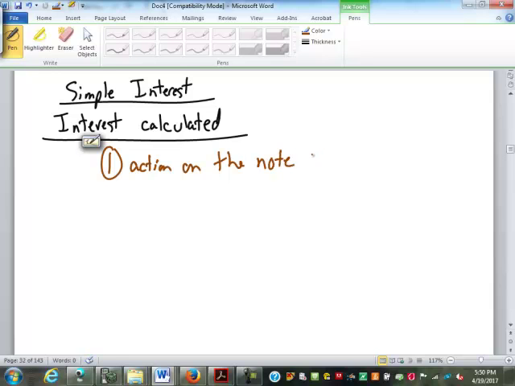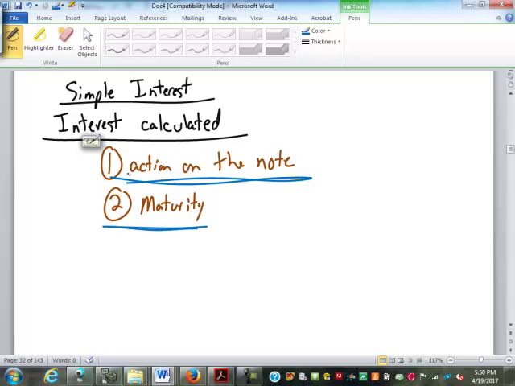That could be a payment or a withdrawal, either one, money paid in or money drawn out. Second, interest has to be calculated at maturity. Most of what we did was finding the interest at maturity, but we did do those partial payments. We had to find the interest every time a payment was made and then deal with the payments to find balances.